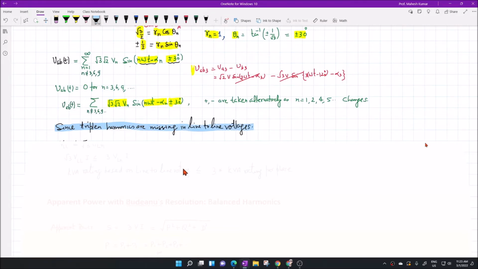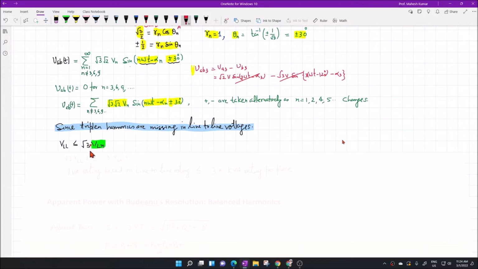This is a dual behavior to that of neutral current. In neutral current, the triple harmonics are added up, but here in line to line voltage, the triple harmonics are missing. What is the effect of the absence of triple harmonics in line to line voltage? The effect is that line to line voltage becomes less than or equal to root 3 times VLN. If you independently measure the RMS value of line to neutral voltage and multiply by root 3, for a balanced system with fundamental only, this must be equal to line voltage.